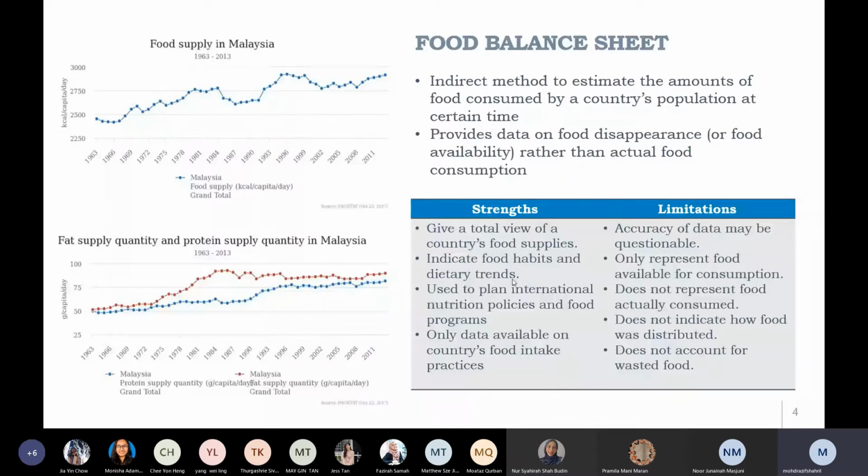Okay, so here in the food supply graph, we can see that the supply kept on increasing. In 1963, it's only around 2,400 calories, and in 2011 or 2013, at the end point, it's now 2,900 maybe. So there is an increase in the food supply in Malaysia.